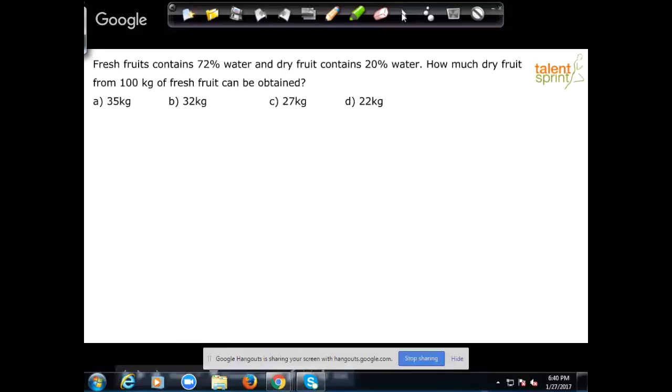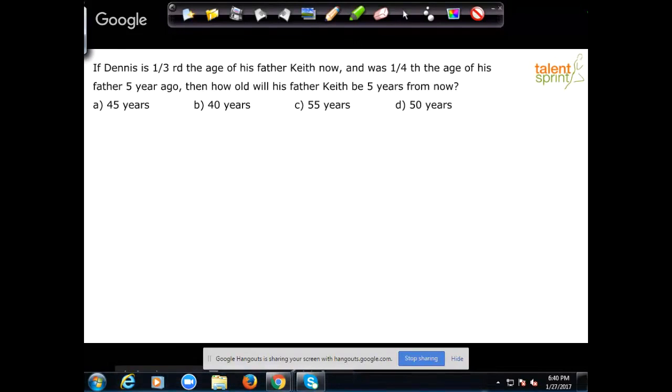And here we go. So the next question is on your screens now. Now this is from Aegis, a very important topic when it comes to aptitude tests conducted by IT companies, right? See what it says. If Dennis is 1/3 the age of his father Kate now, and was 1/4 the age of his father 5 years ago, then how old will his father Kate be 5 years from now?